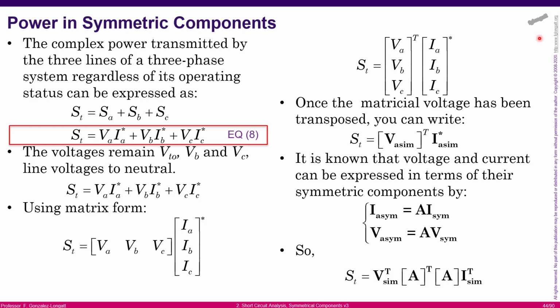What we will do now is say that the three-phase power is the asymmetrical voltage vector, transposed, multiplied by the conjugate of the asymmetrical currents, okay? Then we use the two identities that we showed before, the relationship between asymmetrical and symmetrical components using the matrix A, okay? Well, very simple.